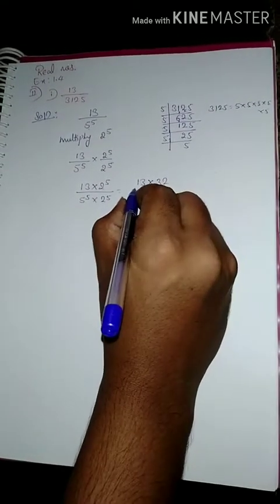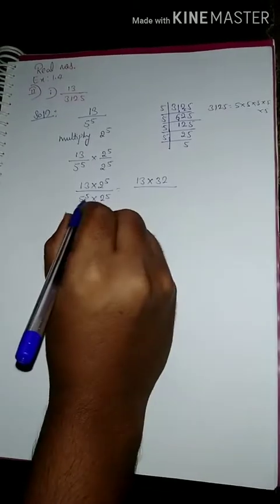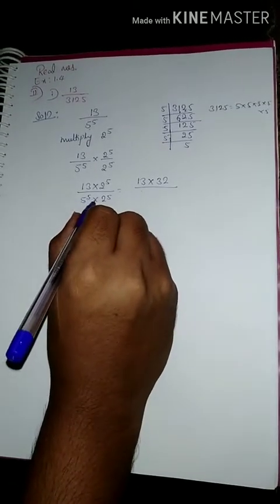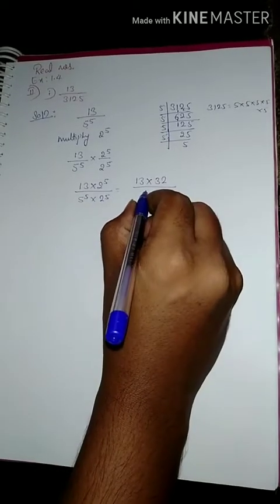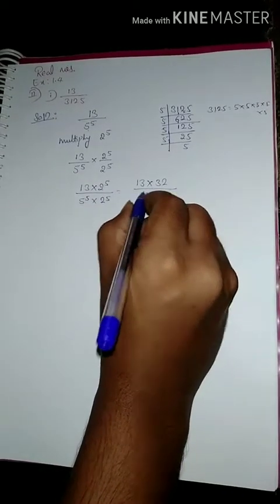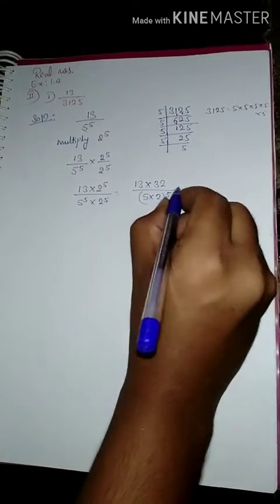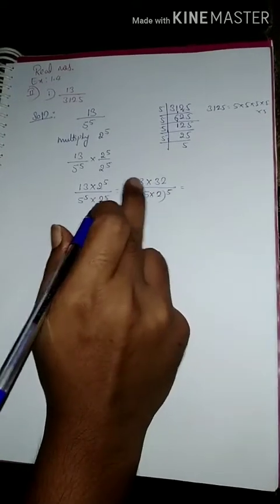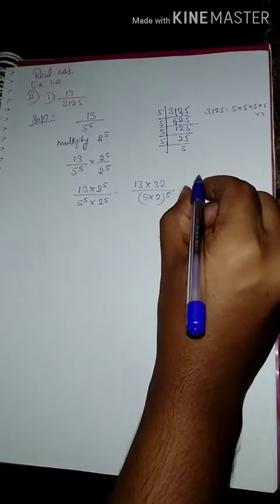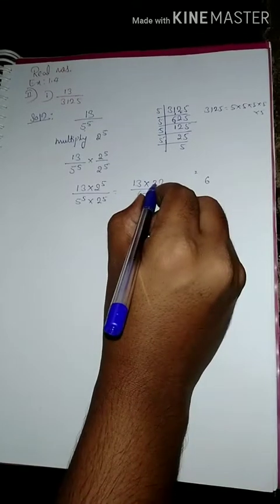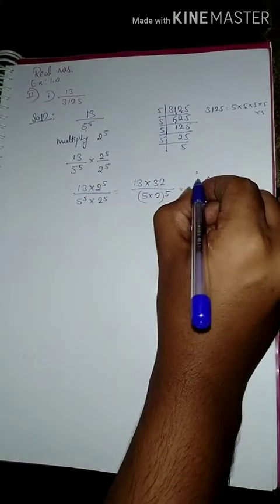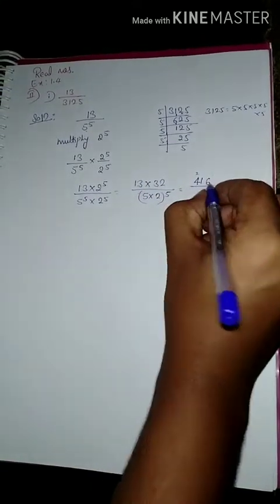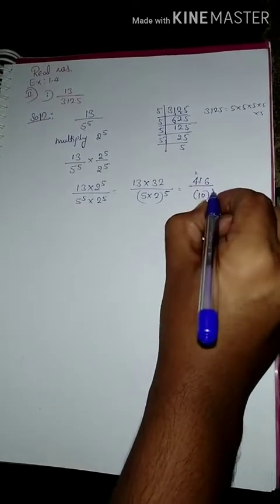The denominator is written as a to the power m into b to the power m equals a into b whole to the power m, that is 10 to the power 5. And 13 into 32: 13 2s are 26, 2 is carry, 13 3s are 39, 39 plus 2 is 41, so 416 divided by 10 to the power 5.